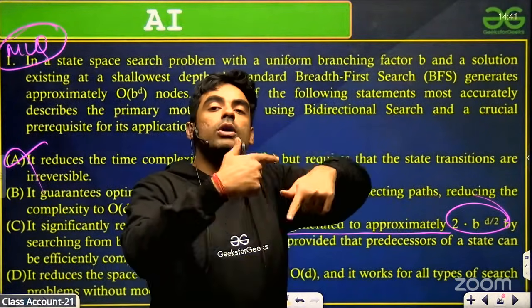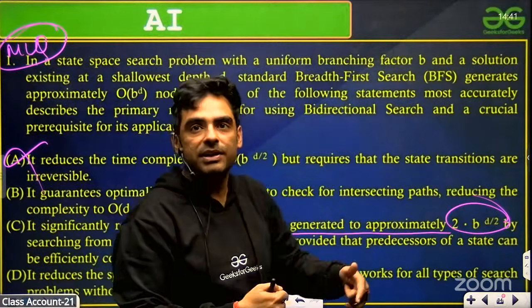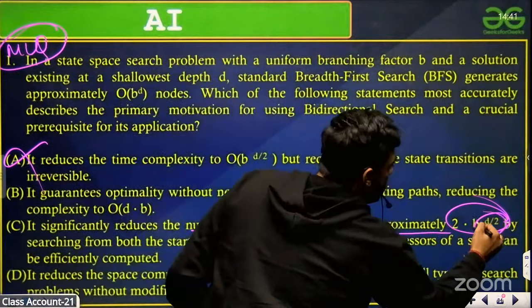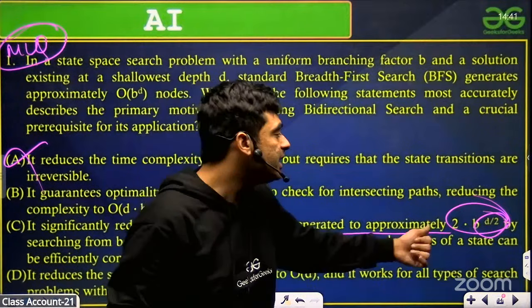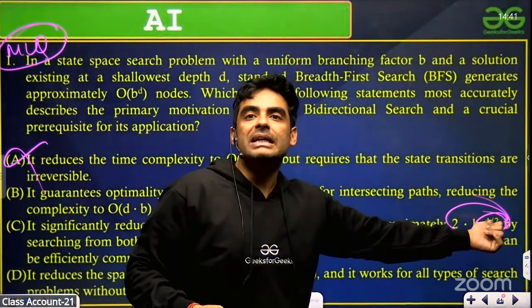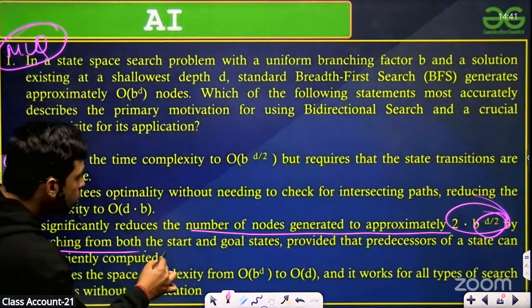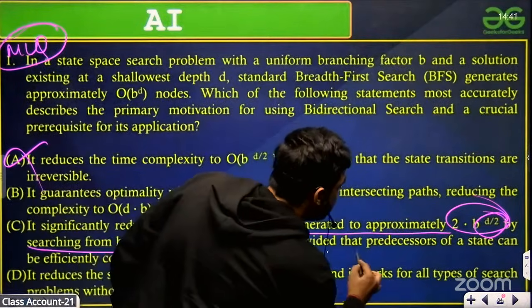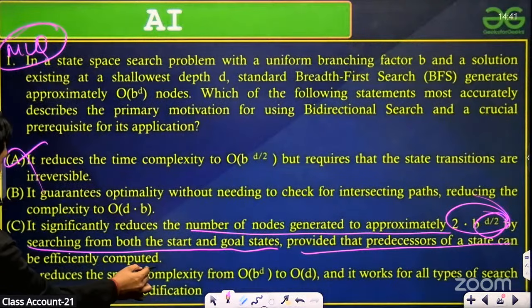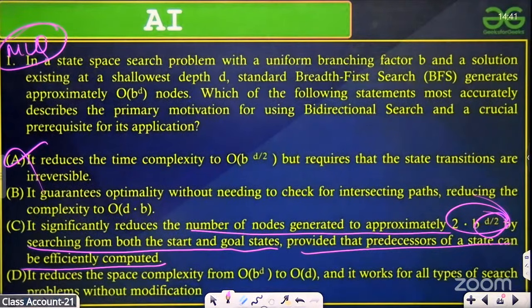So the total approximate number of nodes generated is b to the power d by 2 plus b to the power d by 2, that is twice into b to the power of d by 2. This is by searching from both the start and the goal states, provided that the predecessor of a state can be efficiently computed.